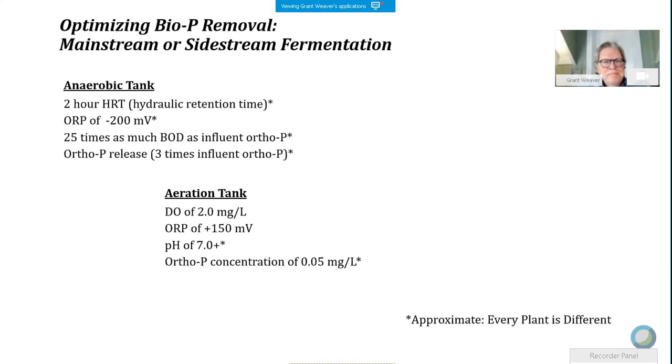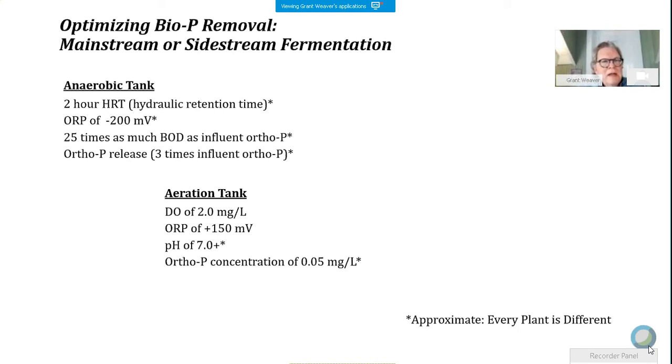So a couple rules of thumb here again. How do we optimize phosphorus removal? We need to create septic enough conditions to create the volatile fatty acids, in the same or different container. We need to introduce the phosphorus removing bacteria, and they will consume a lot of BOD.